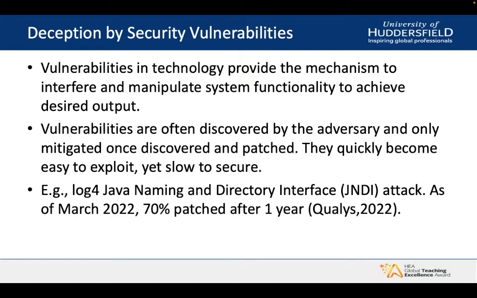So now let's have a look at security vulnerabilities and how they can fit into this. Vulnerabilities in technology provide the mechanism to interfere and manipulate system functionality to achieve a desired outcome. Now, system vulnerabilities exist in many places, and they're not necessarily always of security concern, right? It could be something that's seen more as a bug, a feature, or back in the late 90s and early 2000s, we used to talk about Easter eggs in software, right?